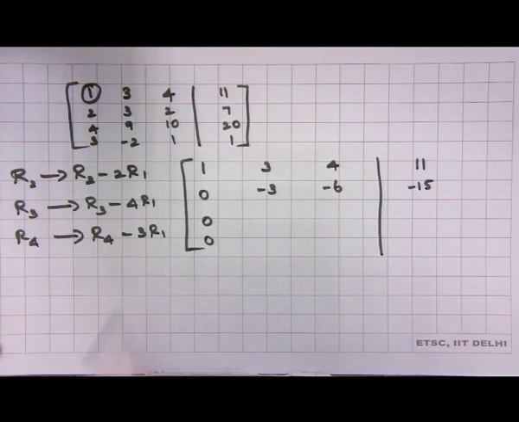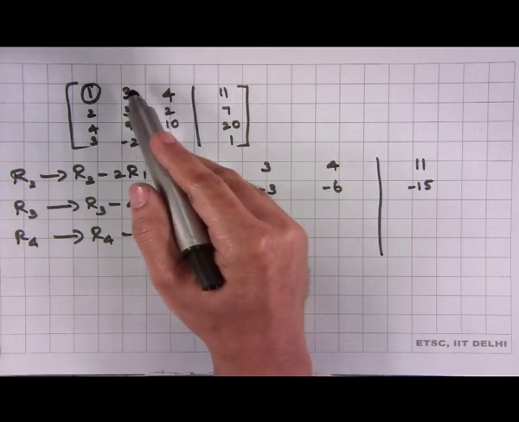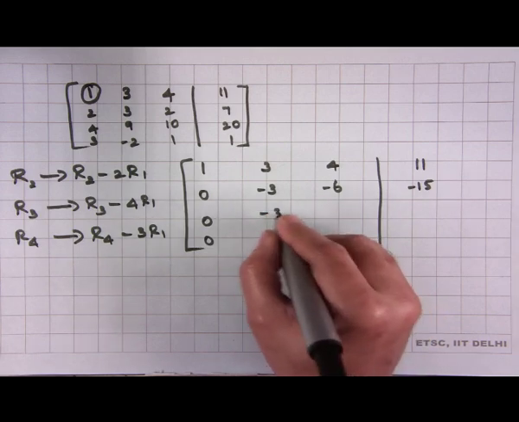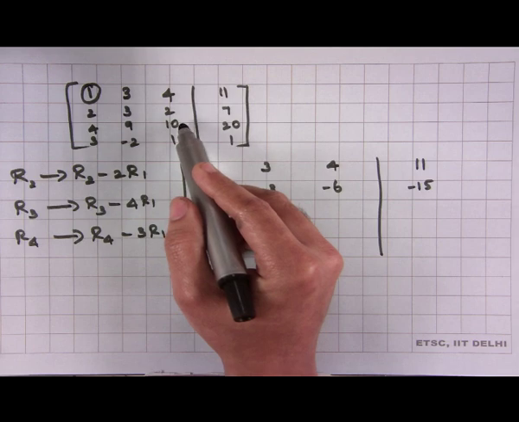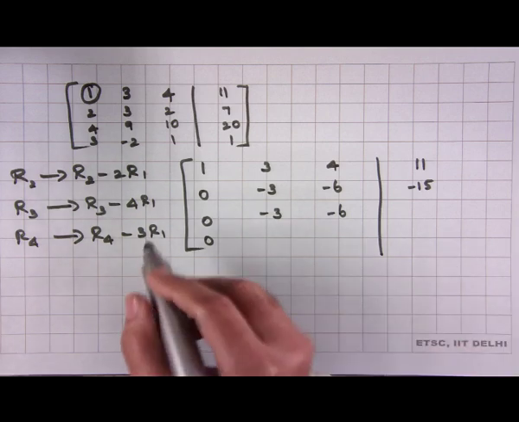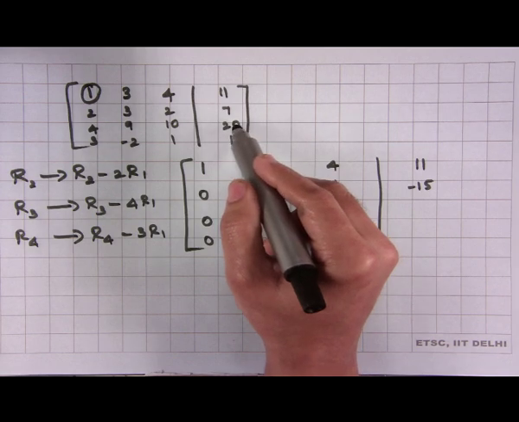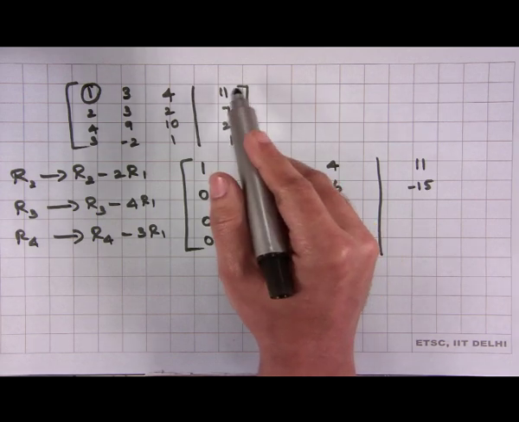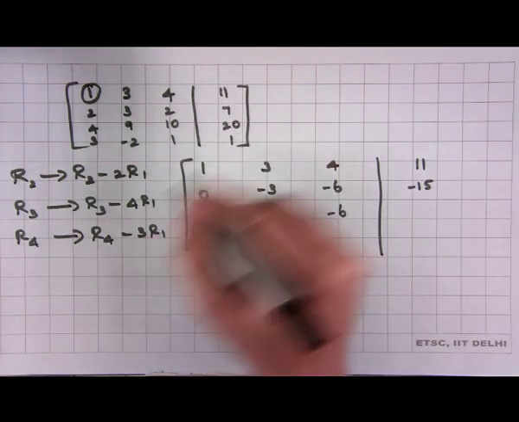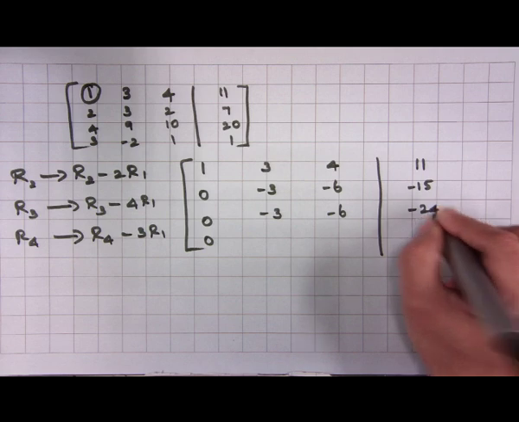Then 9 minus 4 times 3, which is 9 minus 12, you will have minus 3, 10 minus 16, I will have minus 6, and then 20 minus 44, which will give me minus 24.